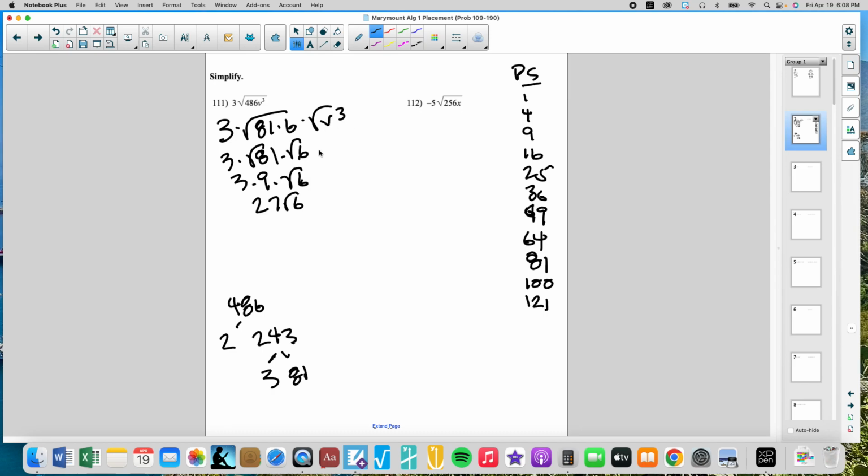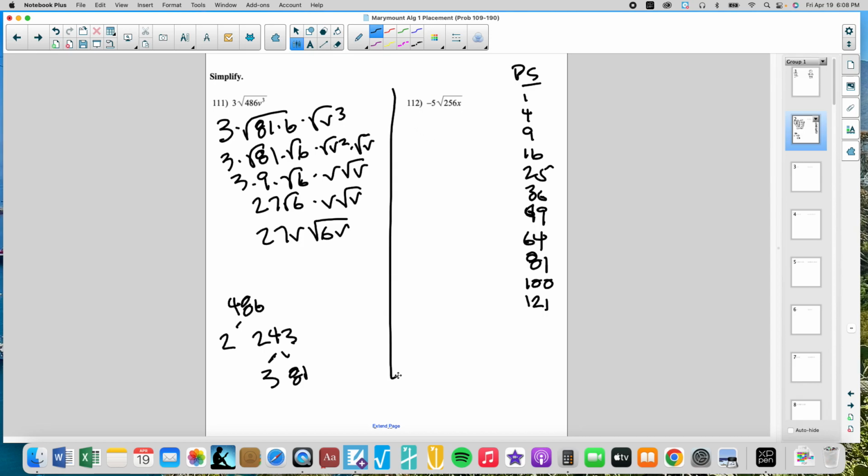V to the third gets broken into V squared rad V. And that V comes out, and we get rad V. So 27 is on the outside, the V is on the outside, and 6V would be on the inside.